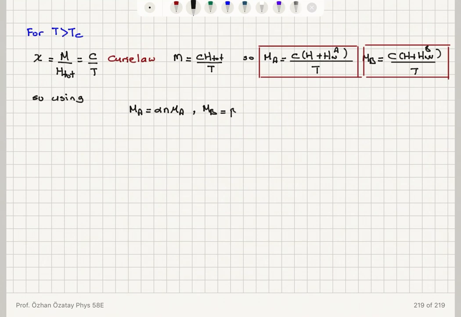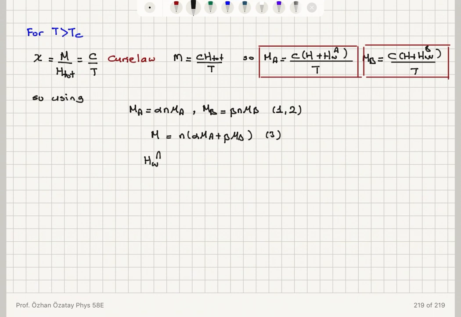Magnetization of the B sublattice is beta N mu B, and I call these equations 1 and 2. The total magnetization M is equal to N times alpha mu A plus beta mu B, and this I call equation number 3.